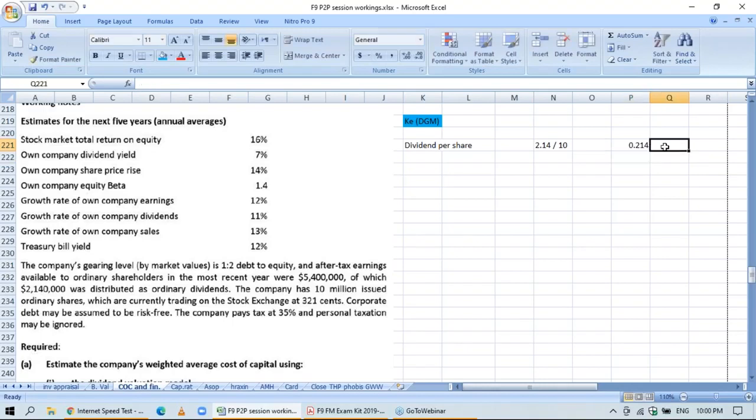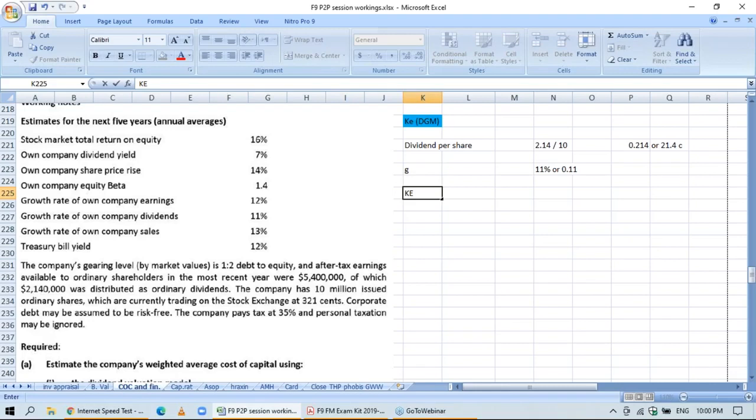So you can say it is 21.4 cents, the dividend. And then they have given you the growth rate. Growth rate of the own company dividend is 11%. Right? So using this growth rate, we will calculate the cost of equity.